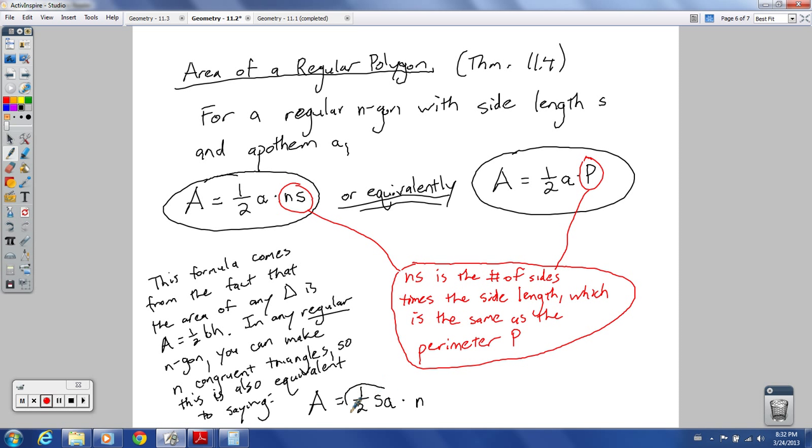You can think of the 1/2 s a part as being the area of each triangle right here, and the n being the number of triangles you can make. So notice it's the same thing as what I had up here. It's 1/2 just with the a, n, and s in different places. So it's the same formula. It's just another way to think about that. I think it will all make a little more sense when we look at this next example.